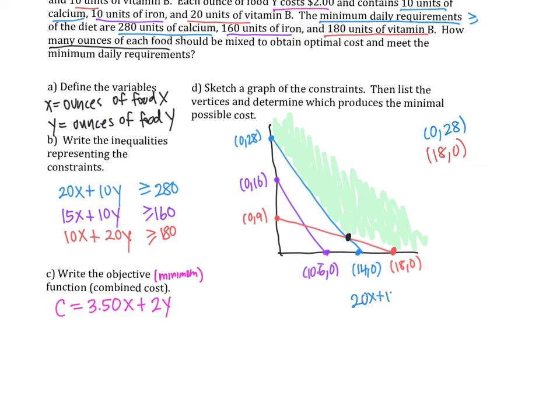20x... I really don't like these big numbers. I'm going to divide off some of the big numbers. Let me divide by 10 on everything just to make it nicer. You don't have to do this.